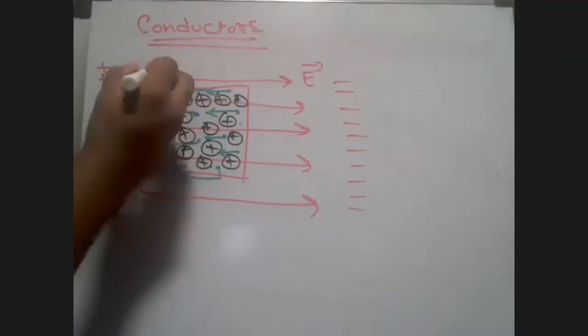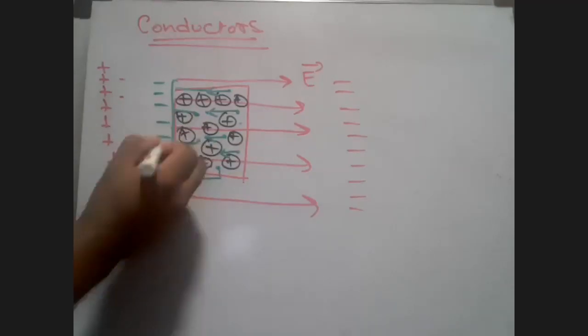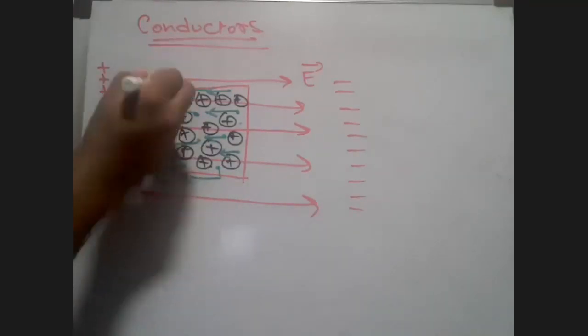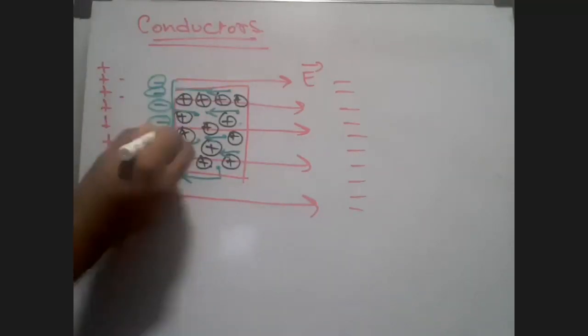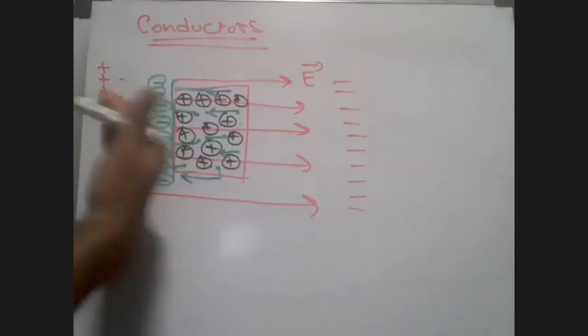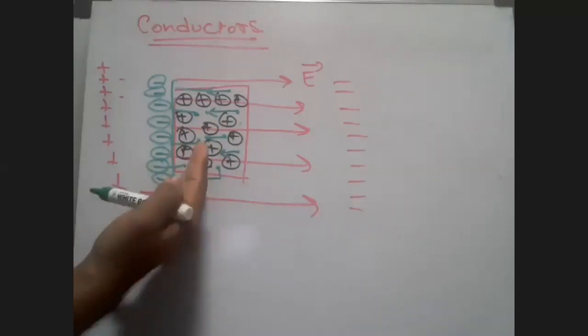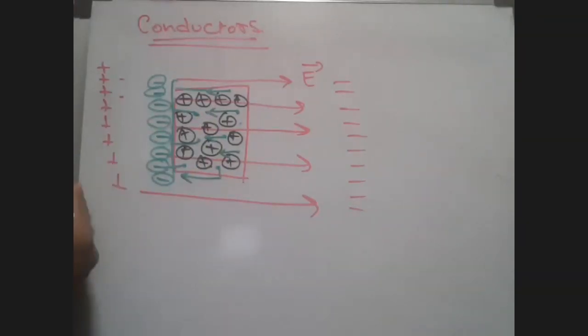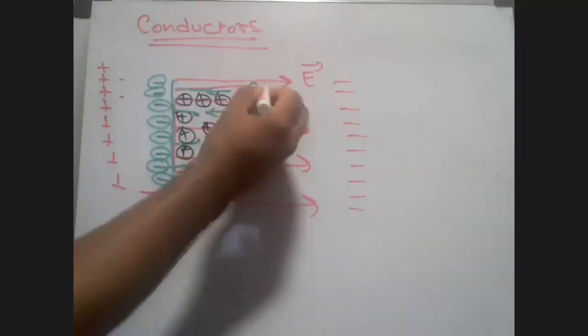This is what is going to happen. Negative charges are developed on the edges of this conductor right here. And if electrons come towards the initiating point of the electric field, then in the opposite direction there are going to be plus charges. Why?